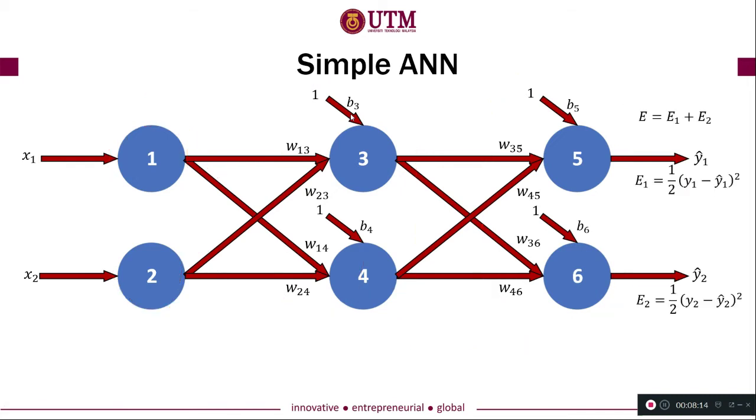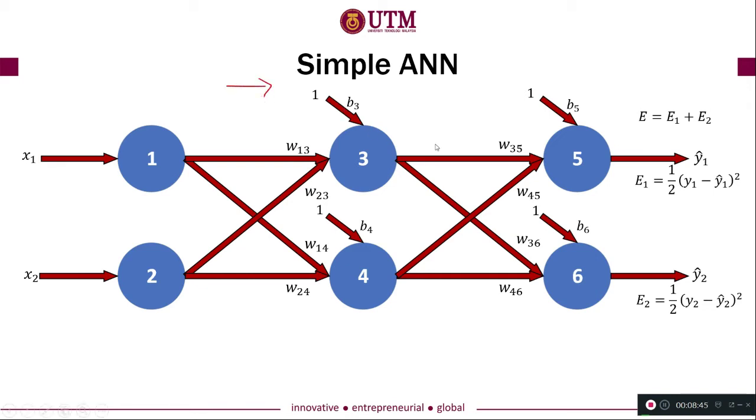Then of course from here you can express the error, or the cost function, for each and every output there. Once you're given the x, you compute all of this, which is what we call a forward pass, going in that direction.